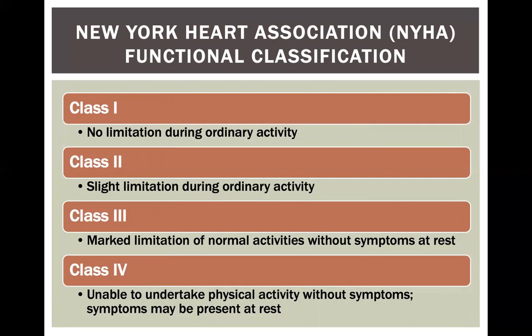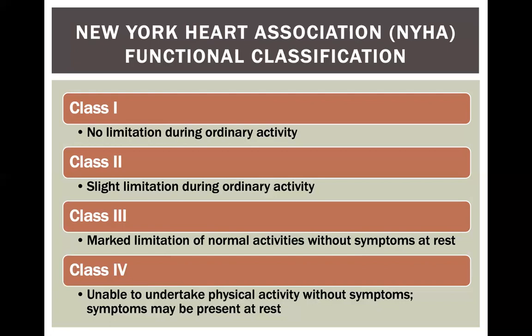This functional classification will classify the patients into four classes depending on the level of exertion that precipitates shortness of breath. In class 1, there is no limitation during ordinary activity. In class 2, there is a slight limitation during ordinary activity.